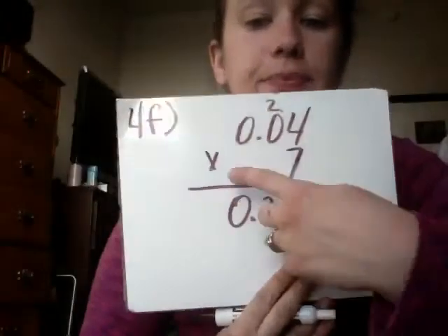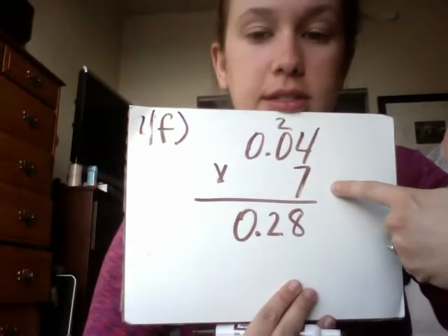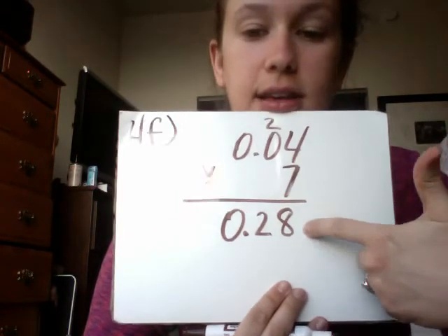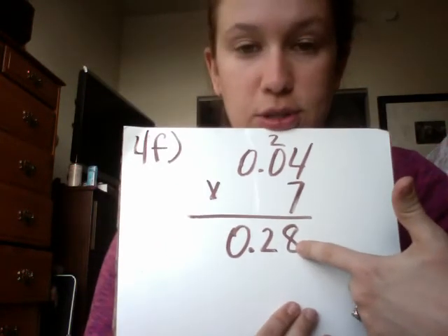Let's do 4f, which is 4/100 times 7. All right. Here, 4 times 7 is 28. I can't have 28 in my hundredths place.